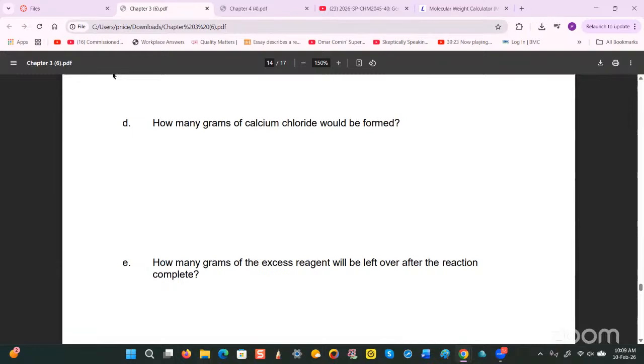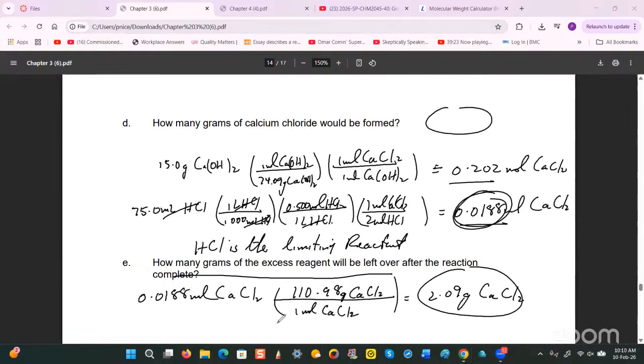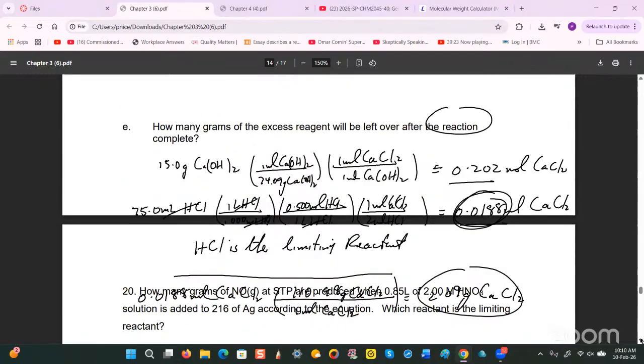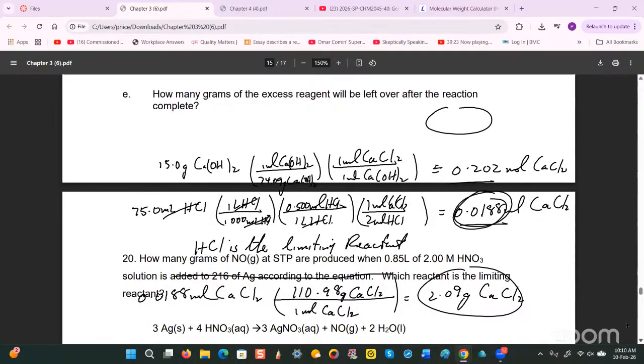To get how many grams of the excess reactant remaining, we have to start off with the limiting reactant, which is the HCl. So let me write it up here before I erase that part.